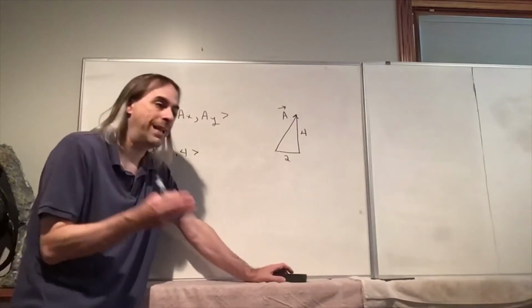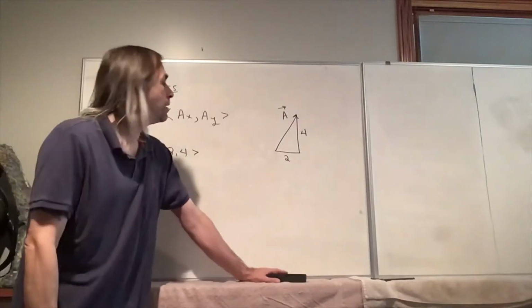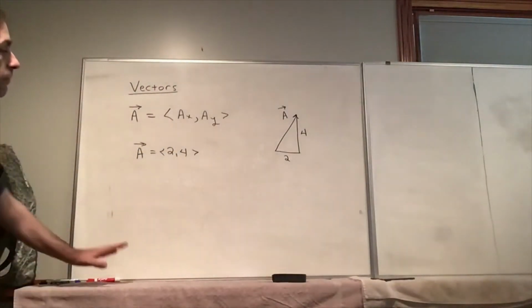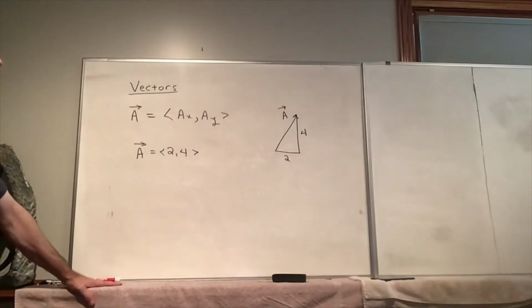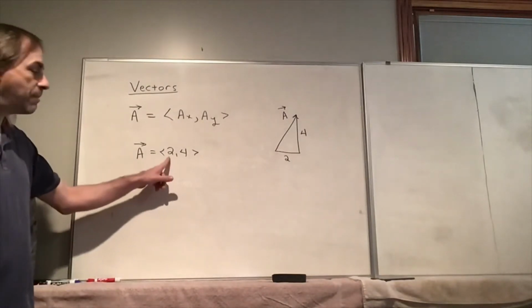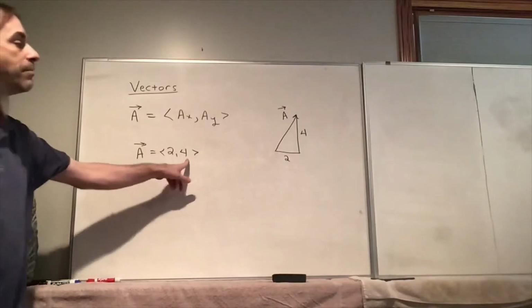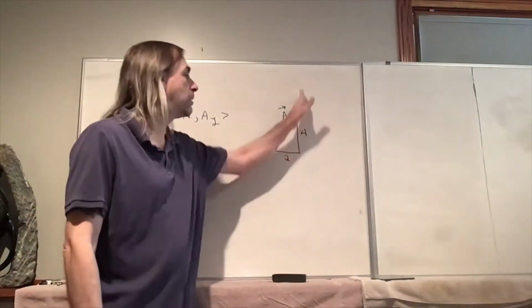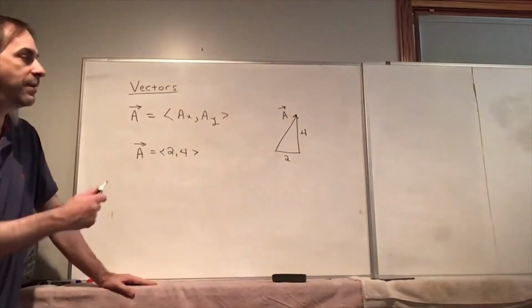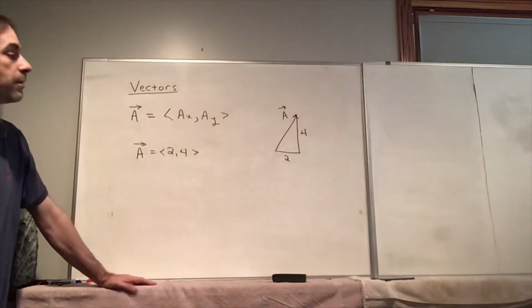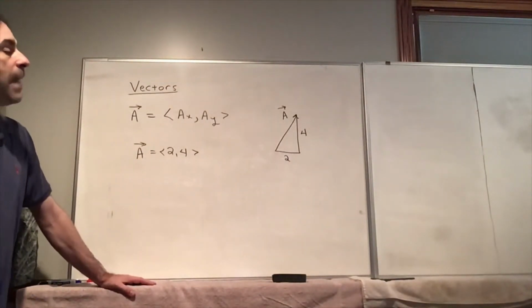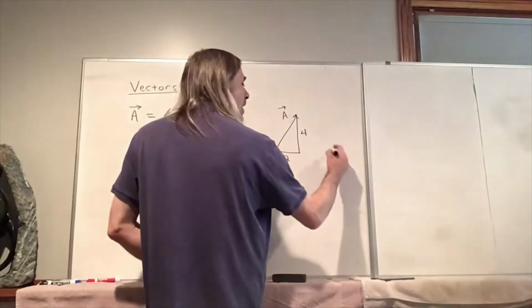You apply a force in a particular direction. So we're going to go with this component form, though. This is the x component of the vector. That's the y component. So you go 2 in the x, 4 in the y, and that gives the direction of the vector.